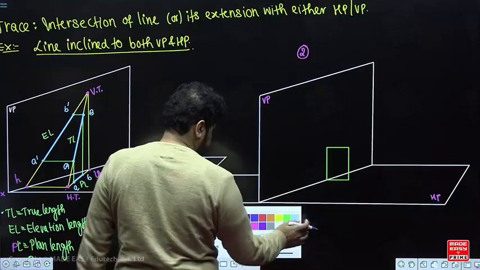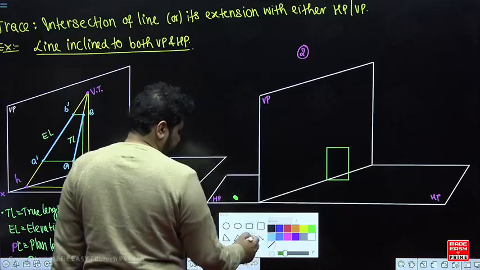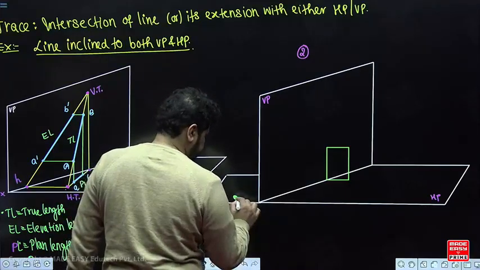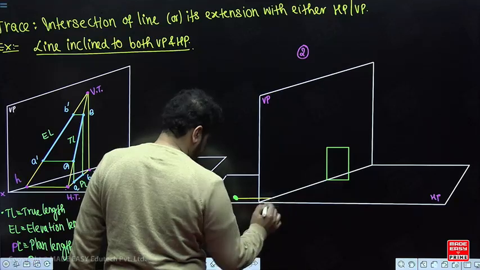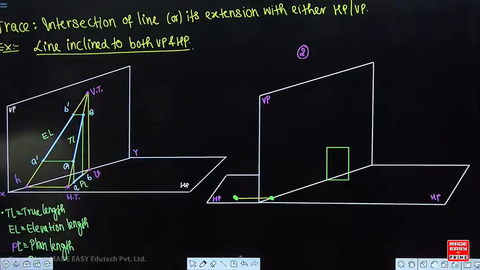Now you can take 2 points. Let us take 1 point here. Okay, if you draw along with me, it will be drawn easily. Draw.